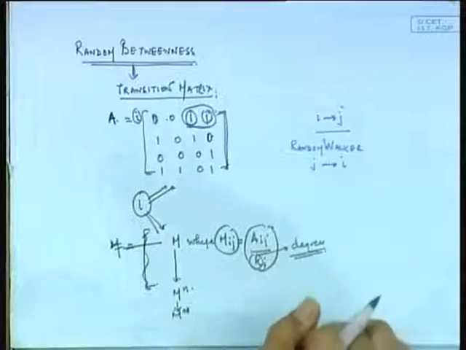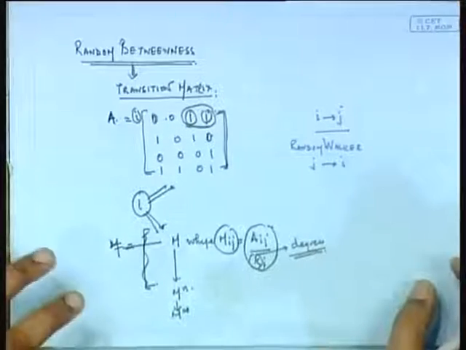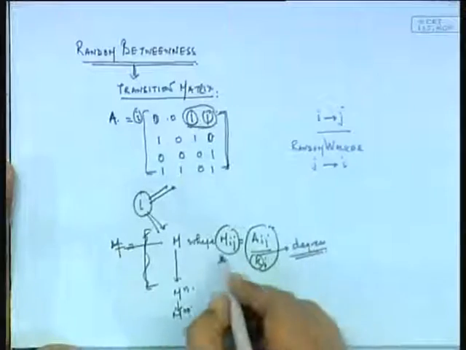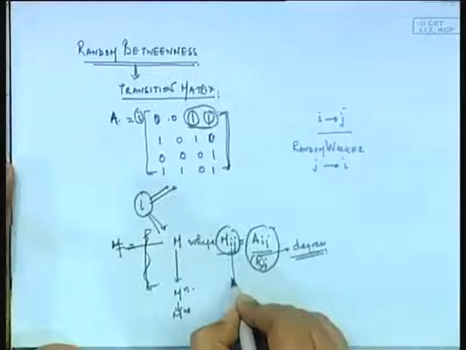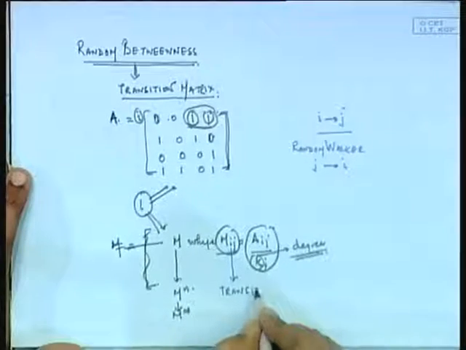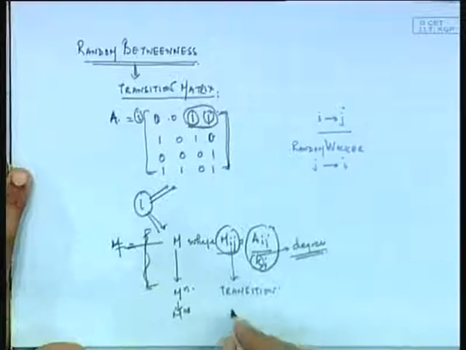So, my question is simple: I have a random walker which starts from j and I want to know the probability that the random walker will reach i after one step. So, that actually gives us the transition matrix, which we defined as Mij.